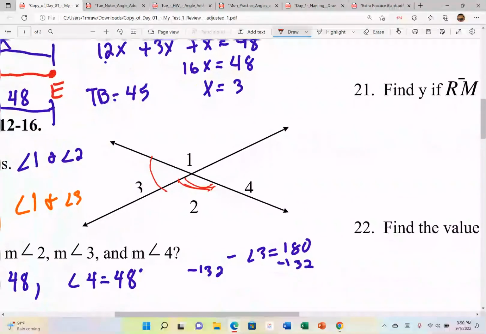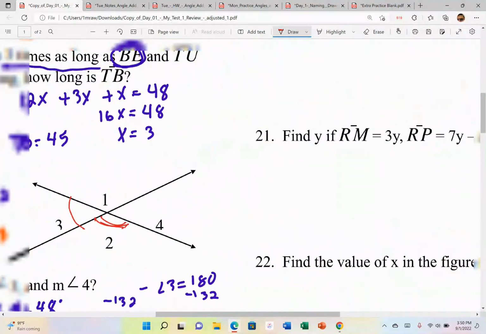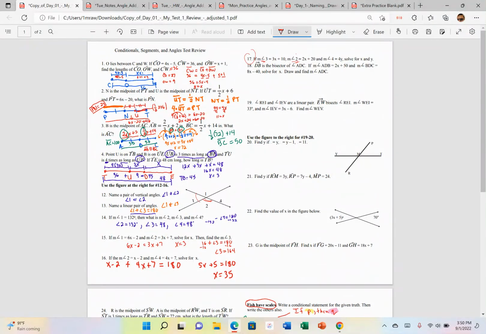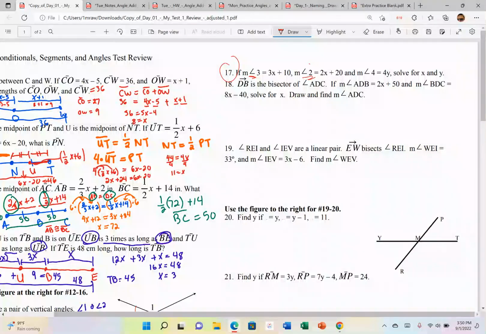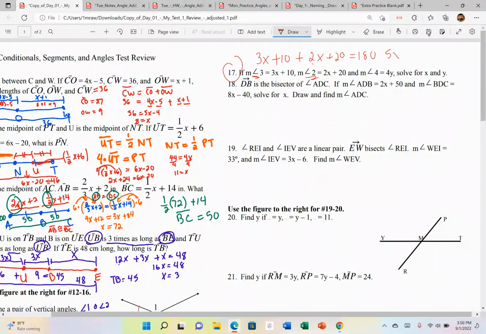Angle 3 and angle 2 are linear pairs. So that means that they are supplementary. They add up to 180. So that means that 3x plus 10 plus 2x plus 20 equals 180 degrees. Combine your like terms: 5x plus 30 equals 180.